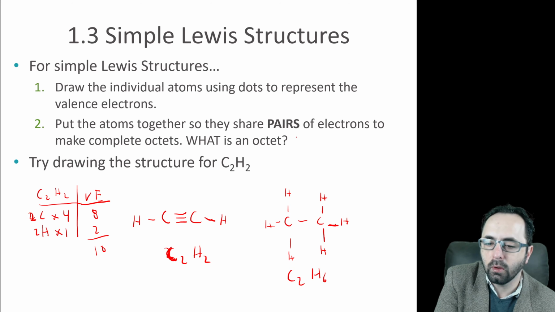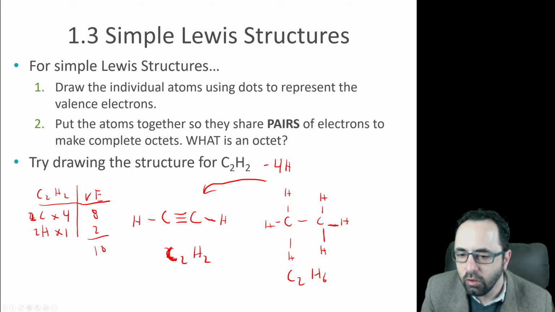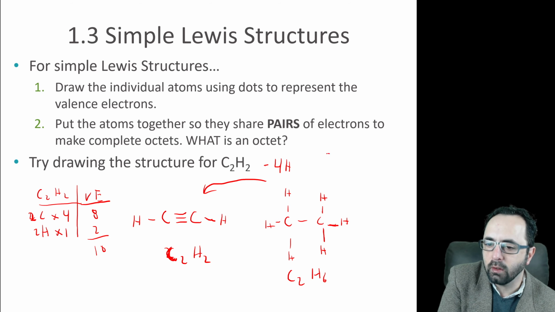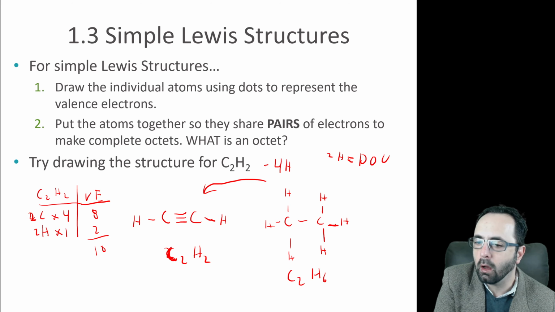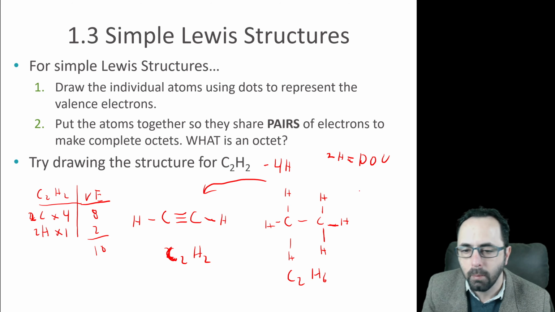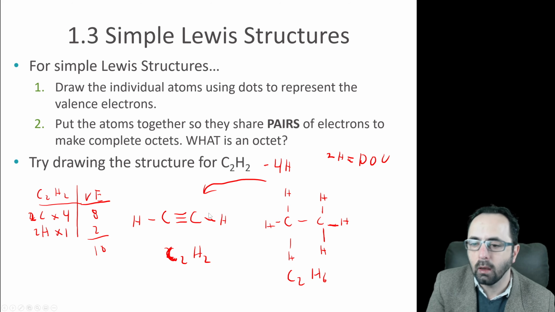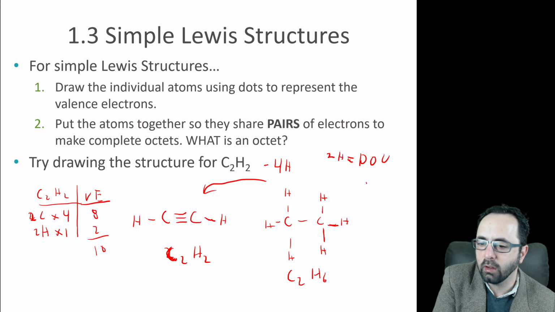And so going from here to here, we're minus 4 hydrogens, and so each 2 hydrogens is going to be called, and we'll cover this later, a degree of unsaturation, or DOU. This is kind of a preview. A degree of unsaturation can be a ring in the structure for reasons we'll see later.